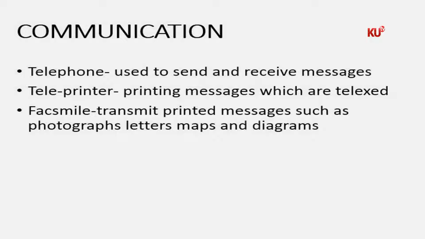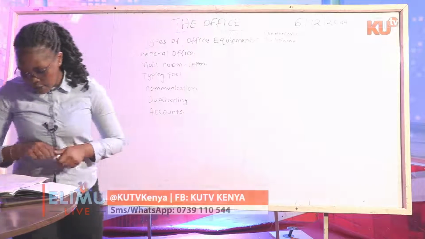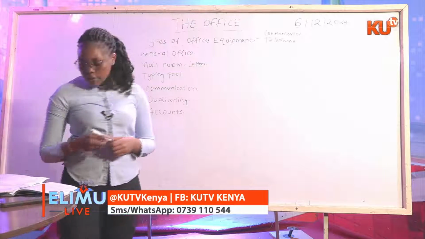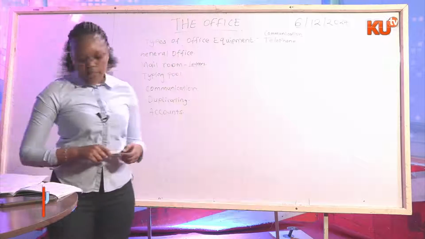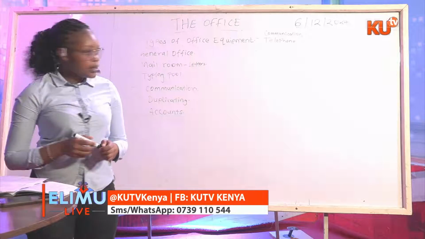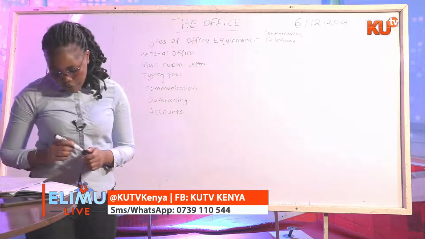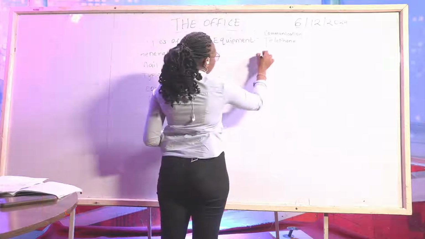Number two, we have a teleprinter. This one is used for printing messages that are text. So that one is the work of a teleprinter. And already made messages that have been telexed, the work of a teleprinter is to print them. Then the third one, we have a fax mail or a fax machine.